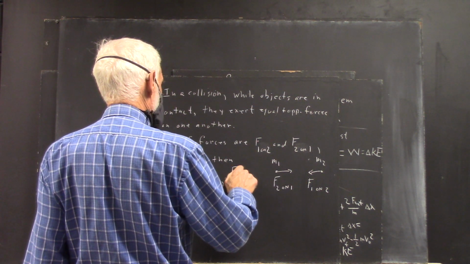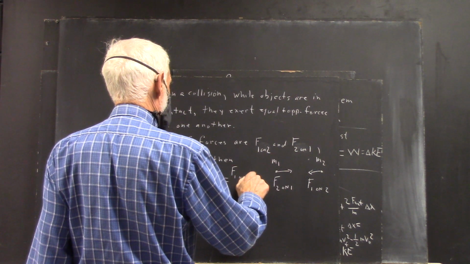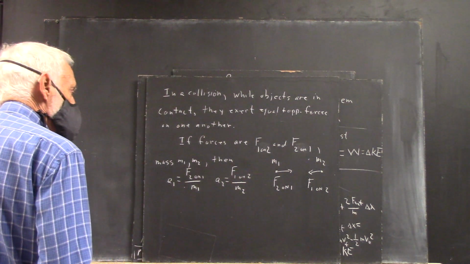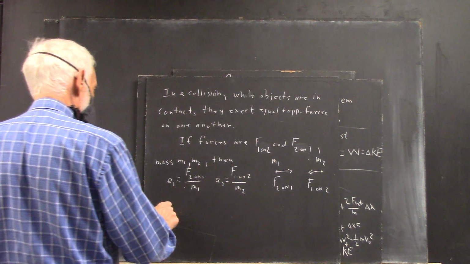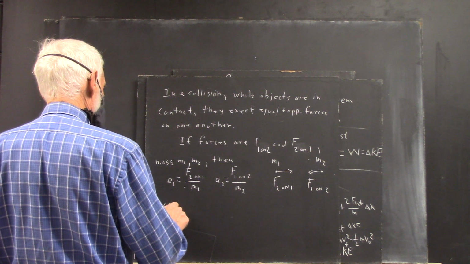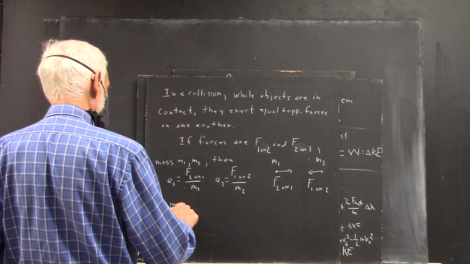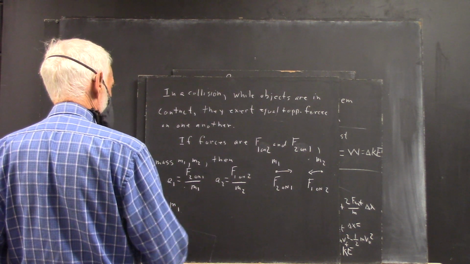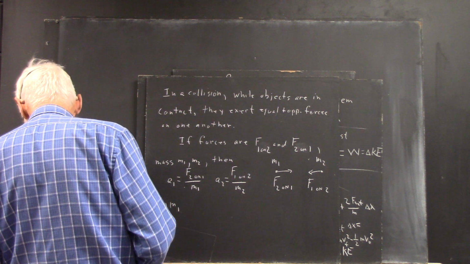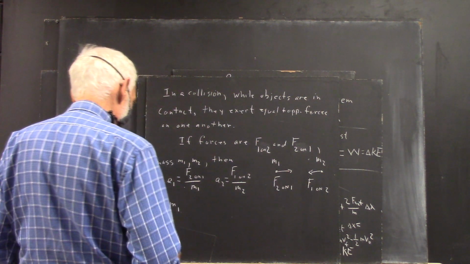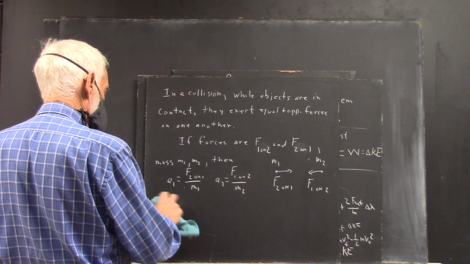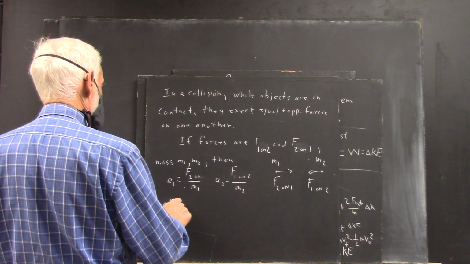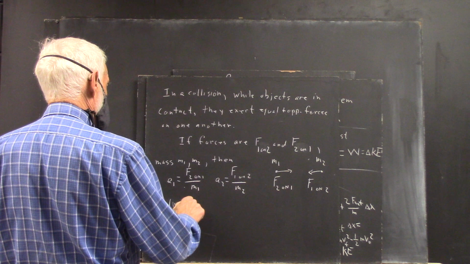Acceleration 2 is F1 on 2 divided by M2. More importantly, the change in M1V.